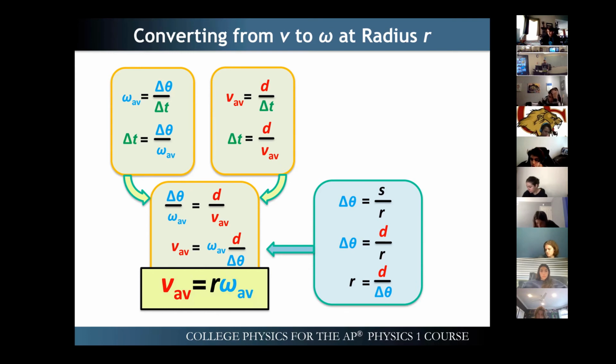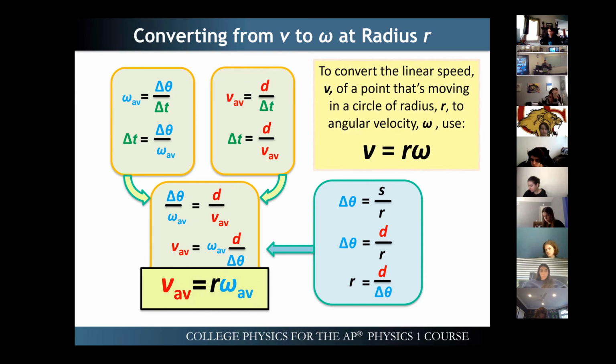That linear velocity, its average linear velocity, equals the radius times the angular average velocity. Now, just to summarize and make sure you're not missing the point, if we just take the radius times the angular velocity, we get the linear. That's true, but we could also use it the other way.